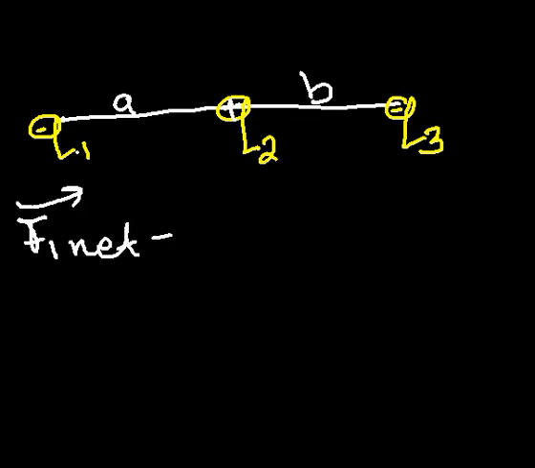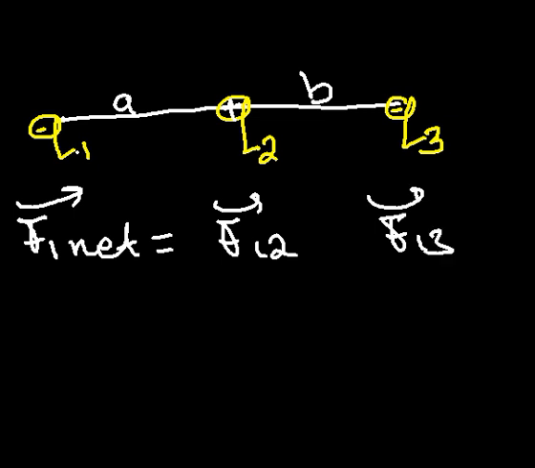It means the summation of the forces acting on charge 1 due to the other charges. That is equal to the force due to charge 2 on 1, which we'll have as F12, and the force on charge 1 due to charge 3, which we'll have as F13.